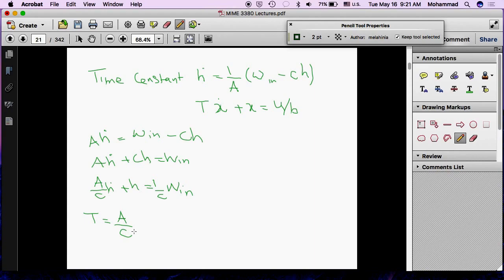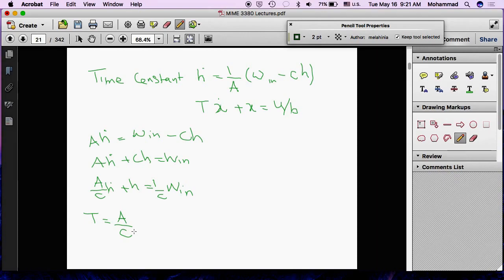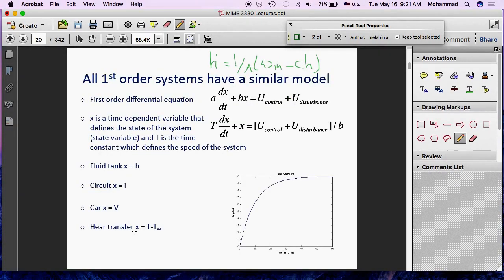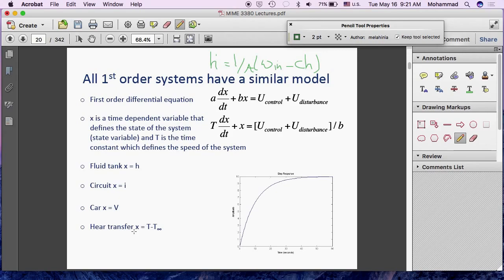Now for every first order system, we know the shape of response to a constant input, don't we? Already we know that the shape of response to a constant input looks like this. Now what is the significance of T? T as time constant is the time that it takes between initial value to get to 63% of the final value.